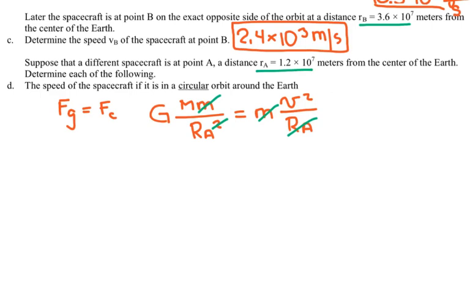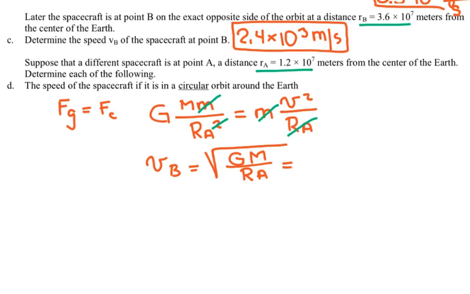And I'm going to get velocity is equal to the square root of G, mass of the Earth, over rA. And if I plug in my numbers, G is the gravitational constant, 6.7 times 10 to the negative 11, mass is 6 times 10 to the 24, and the distance is given, 1.2 times 10 to the 7th.